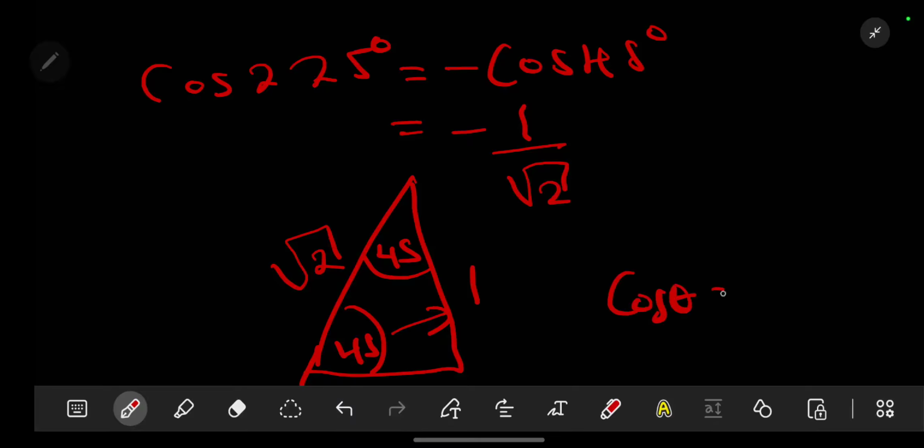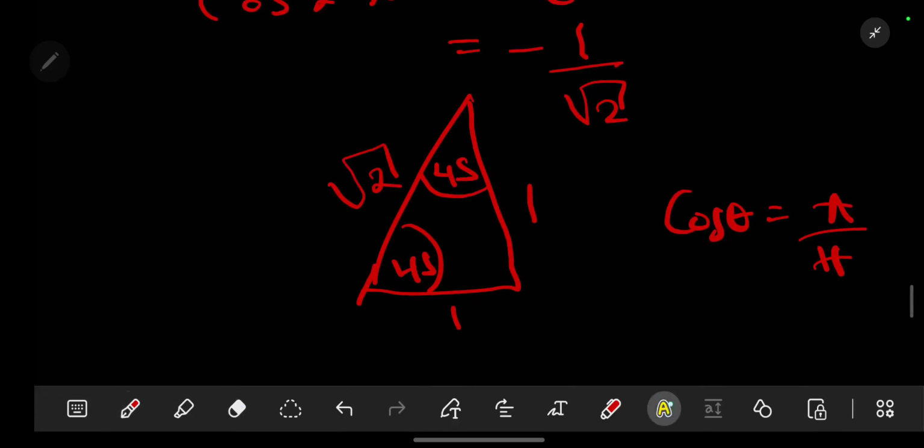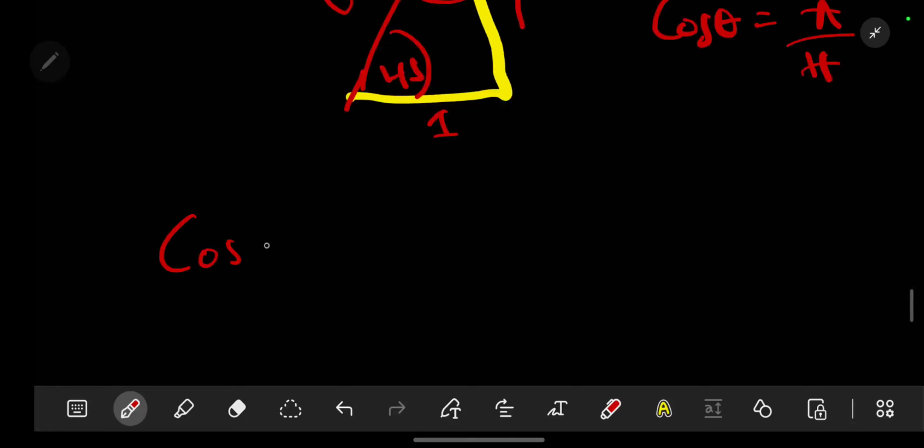Sorry, not opposite, but adjacent over hypotenuse. In this case, the adjacent to 45 degrees is equivalent to 1. So depending on the 45 you take, it's still 1 over the root of 2. So the cos of 225 is equal to negative 1 over the root of 2.